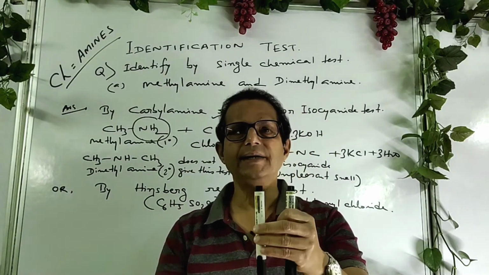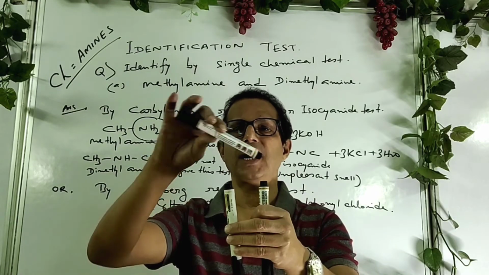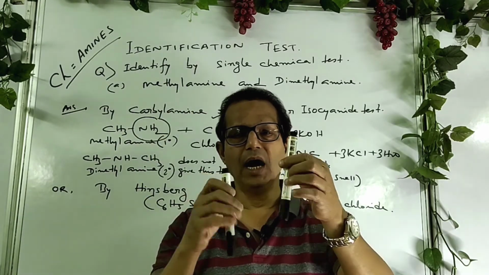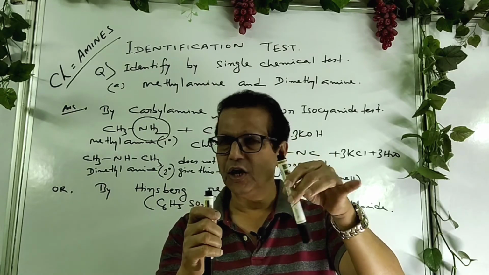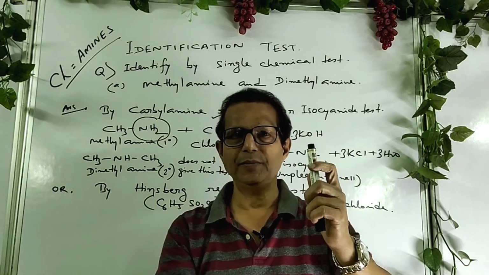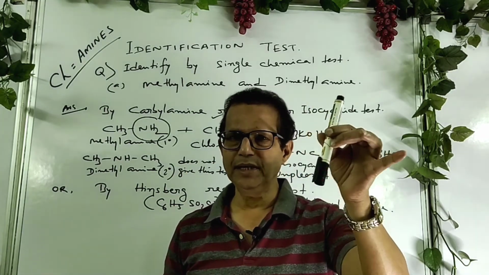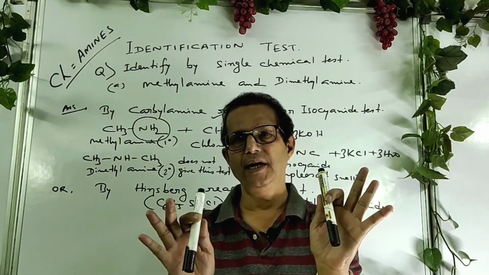Now, add dilute sodium hydroxide in both of them. If the precipitate is dissolved, that is primary amine. If the precipitate is not dissolved, that is secondary amine.